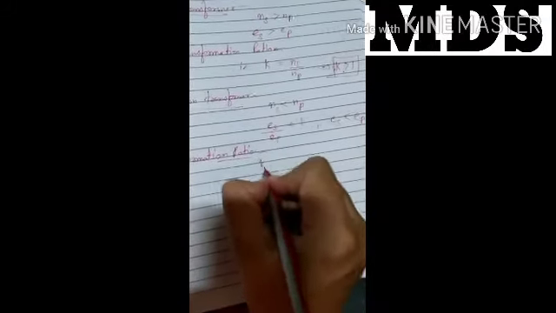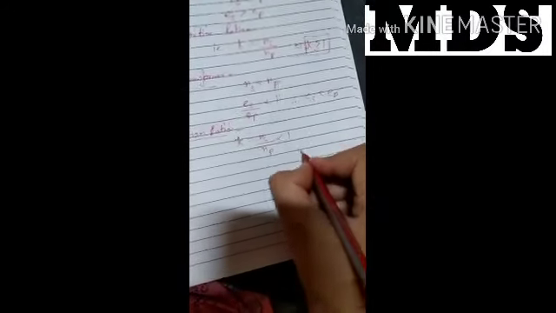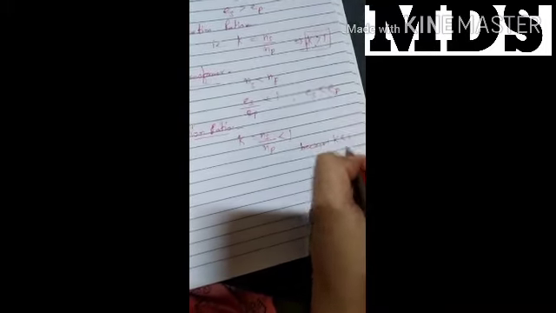K equals the number of turns in the secondary coil to the number of turns in the primary coil, less than 1. So K is less than 1 for the step down transformer. Clear now?